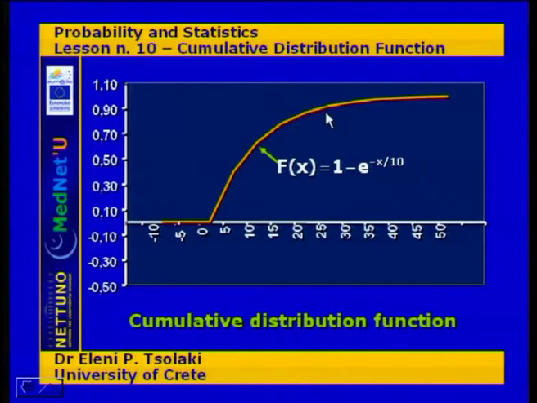Also, it is a non-decreasing function, and it is going to go to 1 asymptotically at infinity. We also see that it is right continuous. In this case, for the continuous random variable, it is left continuous as well.